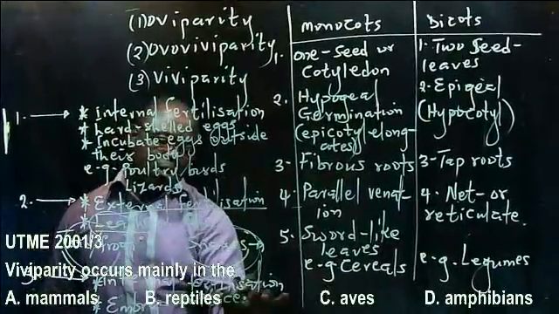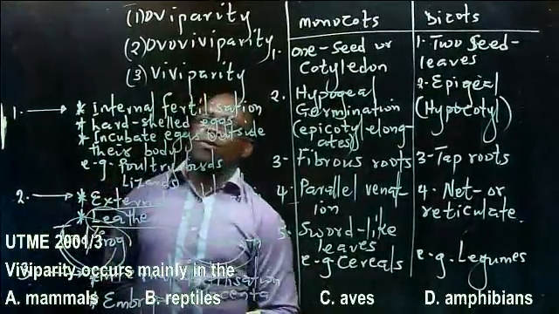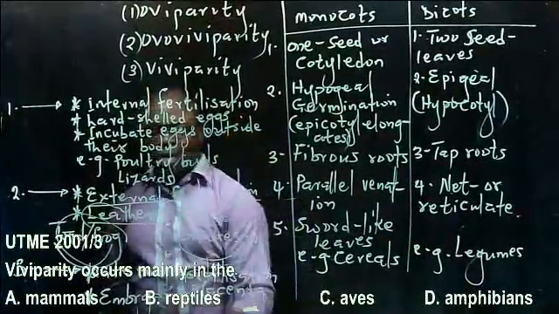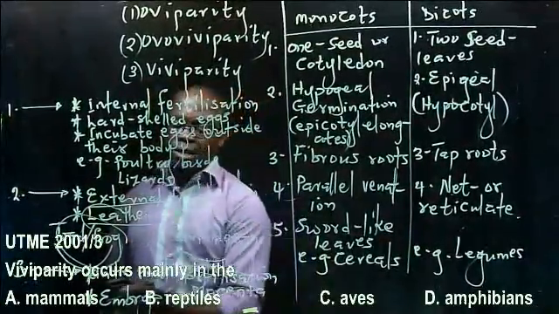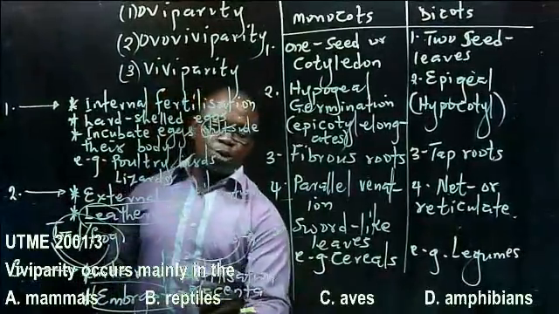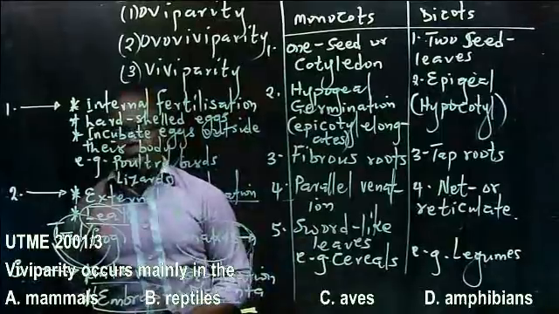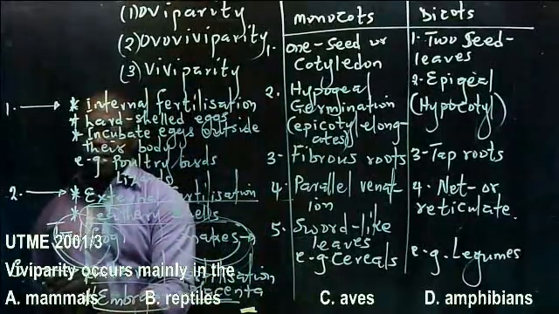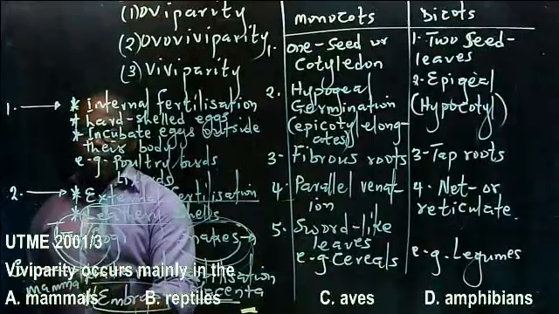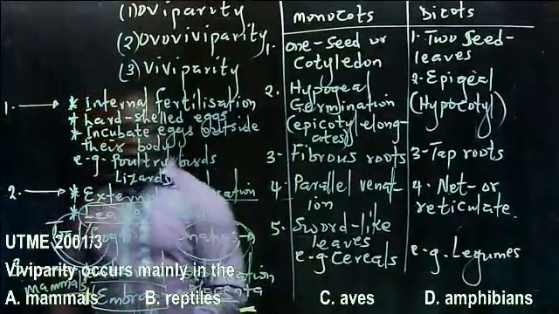So basically, viviparous animals are those animals that exhibit internal fertilization. The fertilization process leads to the production of an embryo, which is nourished with the aid of a structure called placenta. Of course, in this category, this is where we have mammals. They are found present in this category.